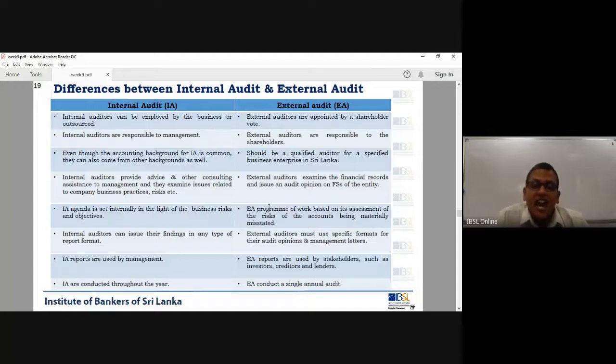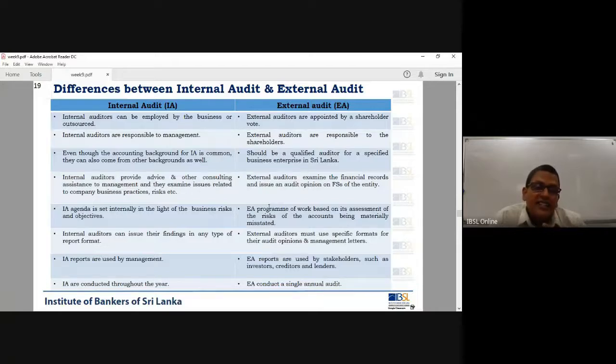There are different mandates between internal audit and external audit. For external auditors, the mandate is examining the books and accounts and giving the audit opinion on the financial statements. But internal auditors mostly provide advice and other consultancy assistance.